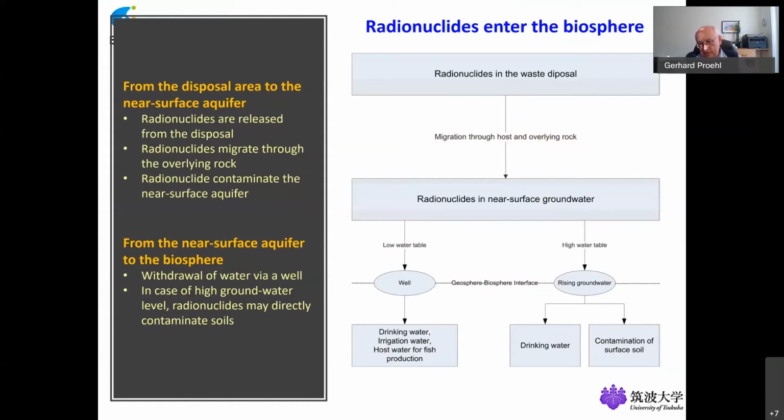Or the other case, if we have a very high water table, the groundwater may come more or less to the surface, and this water may be also used as drinking water, or it will contaminate surface soil directly. So this means we have to analyze these two pathways.